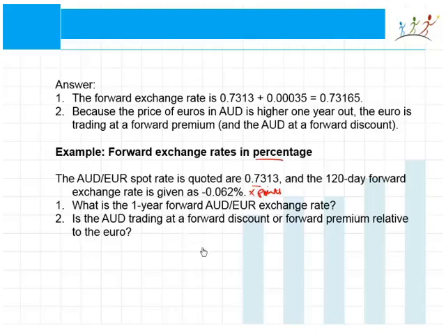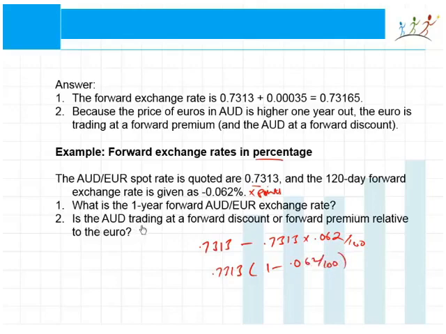So the exchange rate today is 0.7313 and 120-day forward rate is at a 0.062% discount. So it will be 0.7313 minus 0.7313 into 0.062 divided by 100, that is the percentage, or 0.7313 into 1 minus 0.062 divided by 100.